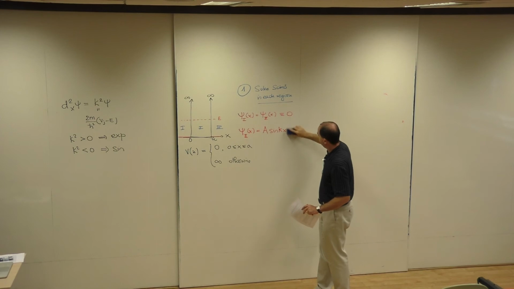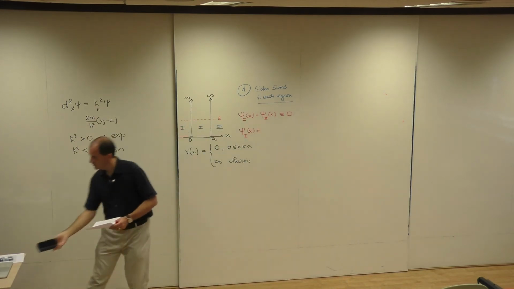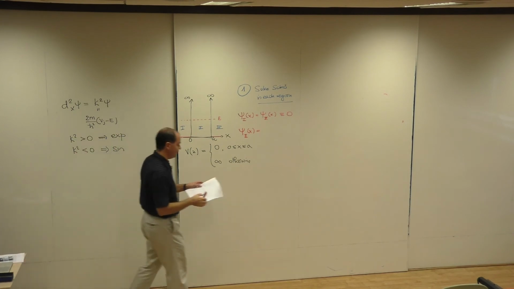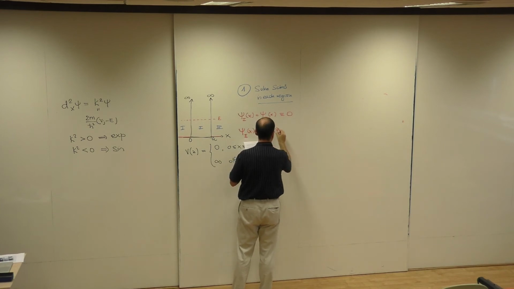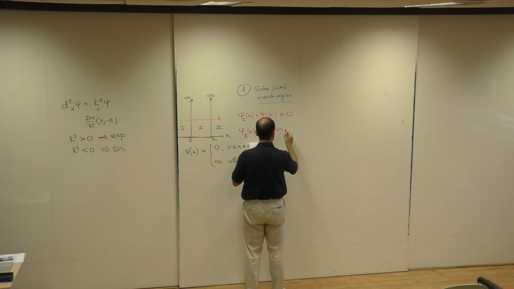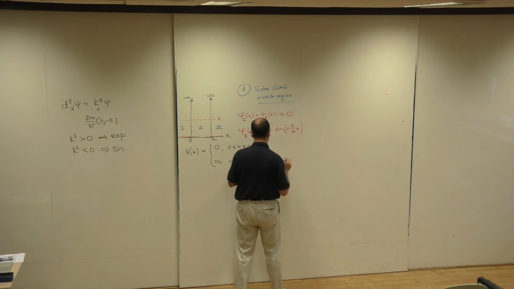So what we have found here is that, well, it's not too difficult to normalize these. So 2 over a, sine of n pi over a times x.